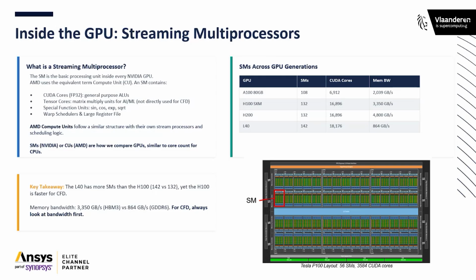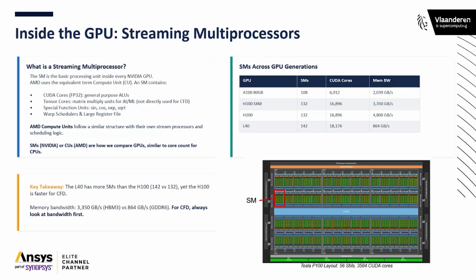Also in AMD cards, more or less the same architecture is used. We call it compute units, with a similar structure with their own stream processors and scheduling logic. So these SMs or CUs are how we try to compare GPUs, similar to core count in CPUs.